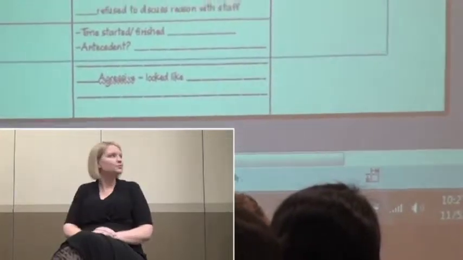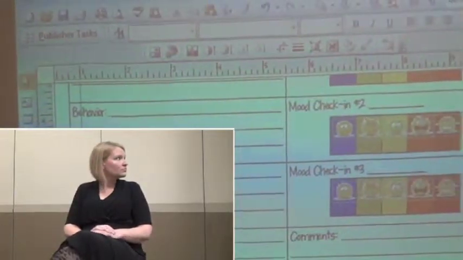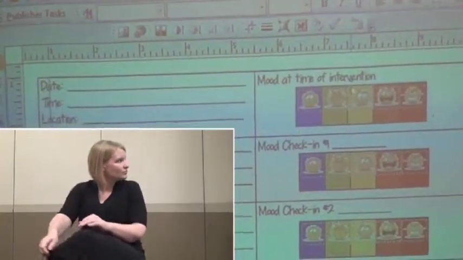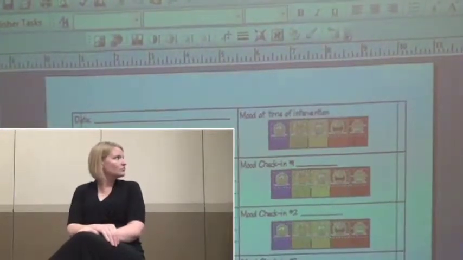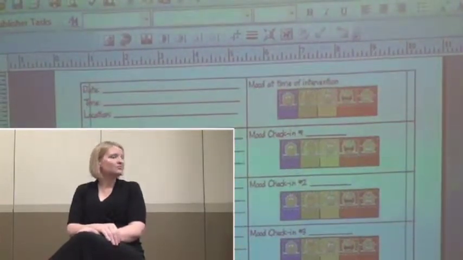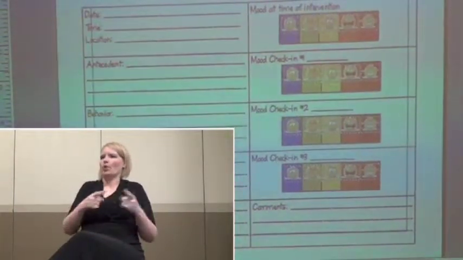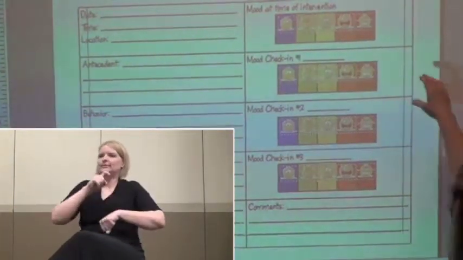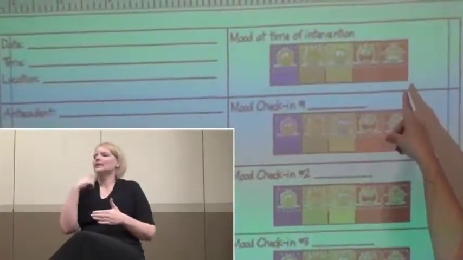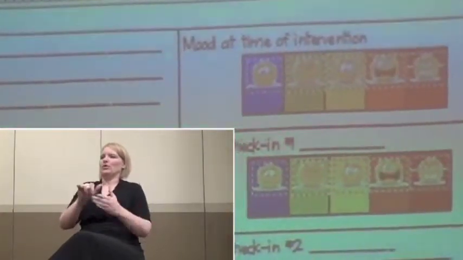Then I had this, which was helping me document what was going on. I would give the date, the time, and the location, and then I would have her check for me the mood at the time of the intervention, what she was feeling like.